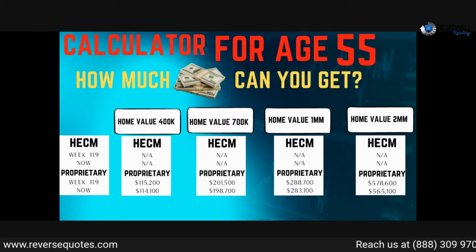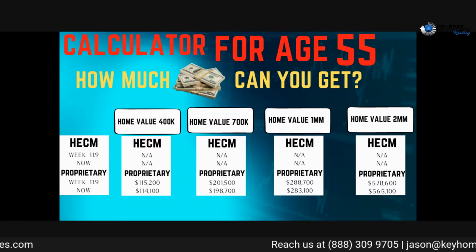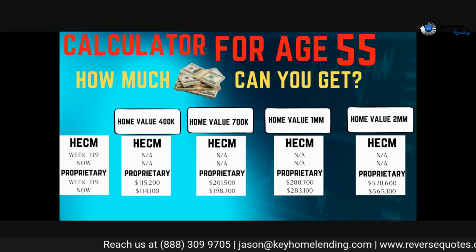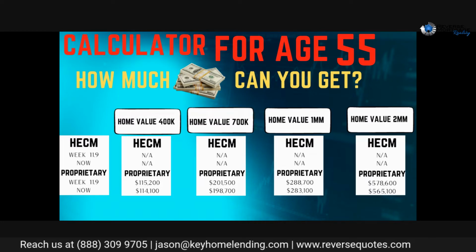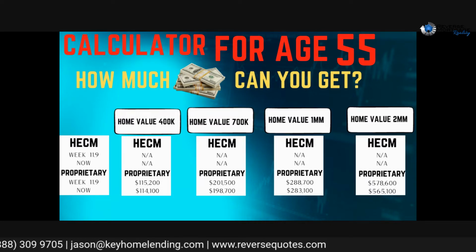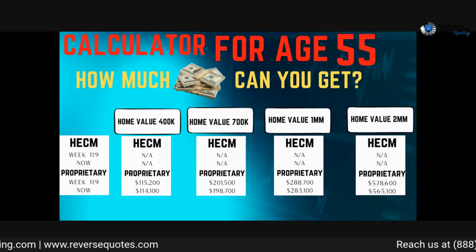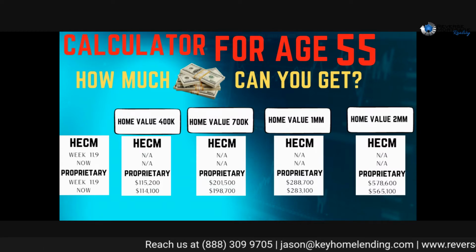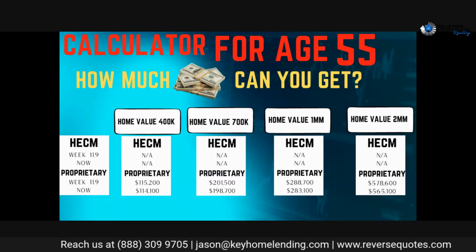So let's look at the home values at age 55 for the proprietary reverse, and we'll compare last week versus today. At a $400,000 loan size, it's just slightly off. At a $700,000 loan size, it's off about $3,000 or so. At a $1 million home value, you're looking at a $283,000 loan size instead of a $288,000 loan size.